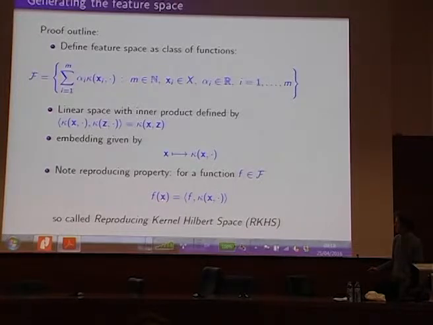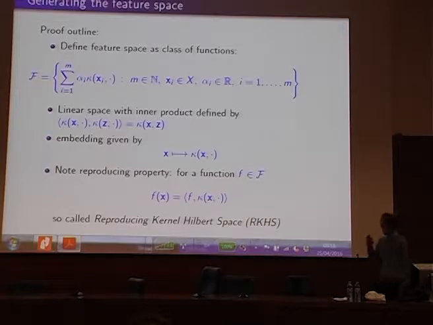So to evaluate f at x, we just take f inner product. And if you think about f being defined in this way and the fact that the inner product does this, this will actually just evaluate the function at the point x. So this is known as the reproducing kernel Hilbert space.